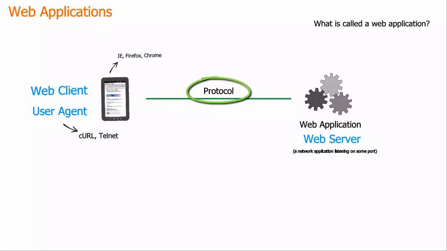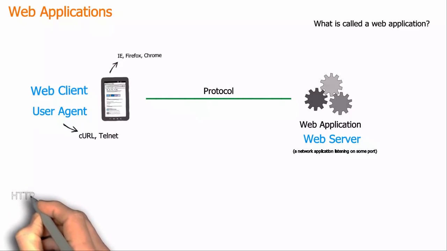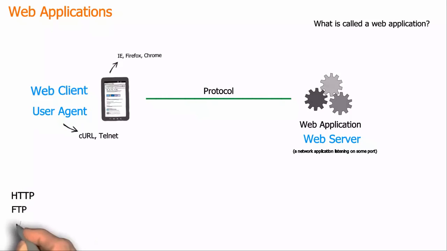And the browsers can speak some standard protocols like the HTTP protocol, the FTP protocol, the WebSocket protocol. There are many protocols which the browsers can speak, and they are standards. And each of these protocols is suitable for a different kind of task. For example, the FTP protocol is used for transferring files.